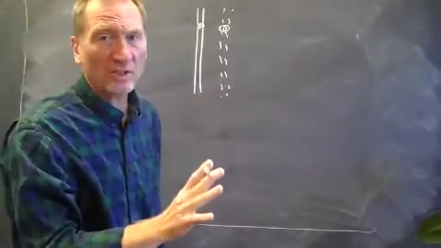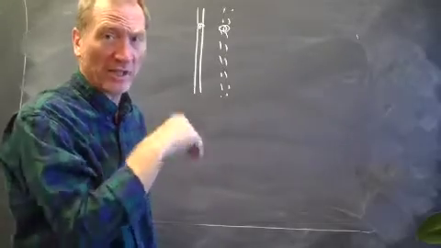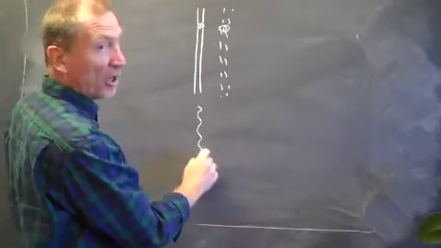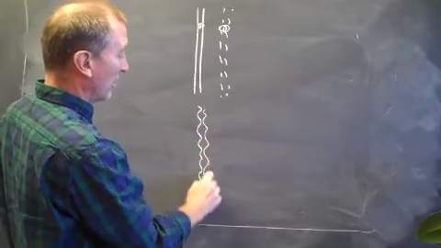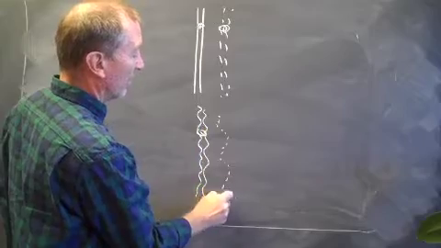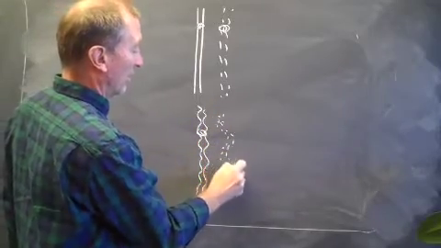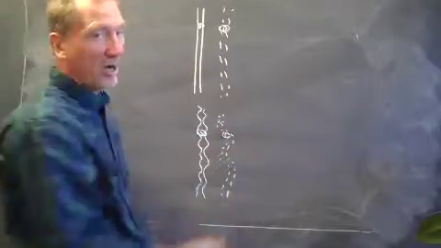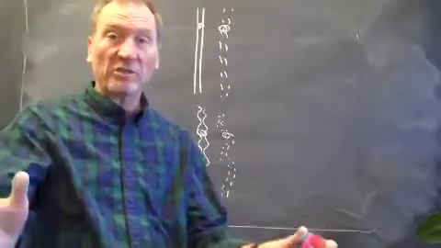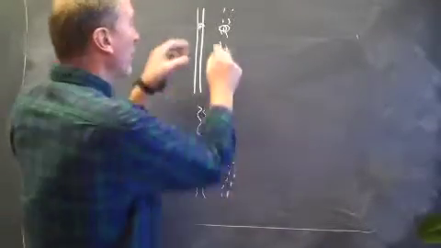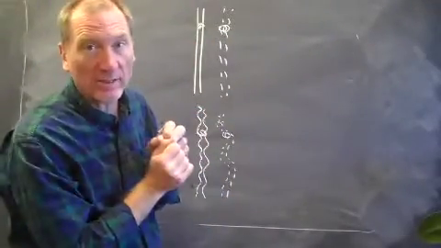I'm not showing crossing over or any of that like I just did previously. I'm showing it without any crossing over. And here's our other homologous pair, a solid wavy one, and a dotted wavy one. So one homologous pair, another homologous pair. Now here's the deal. At anaphase 1, remember, the homologs separate.